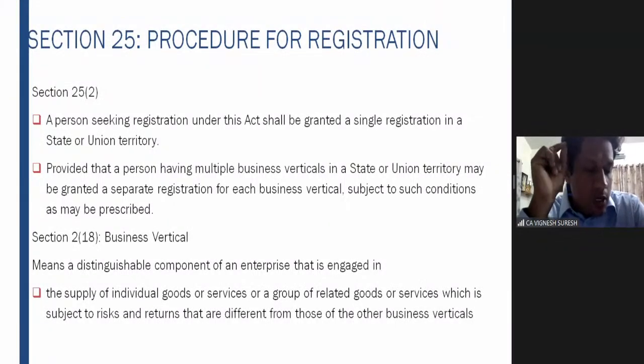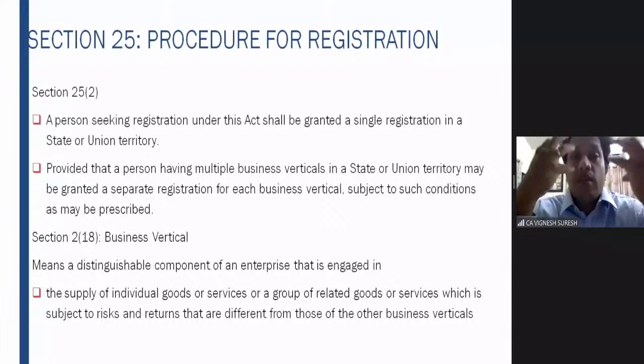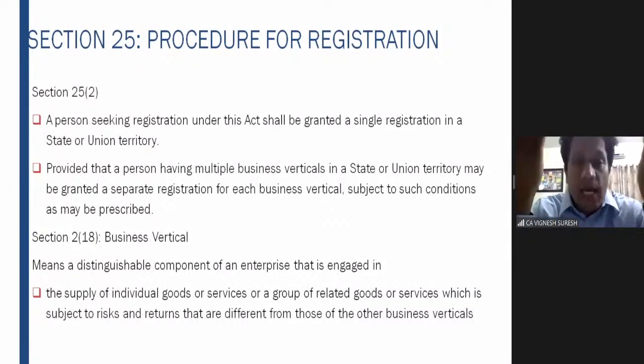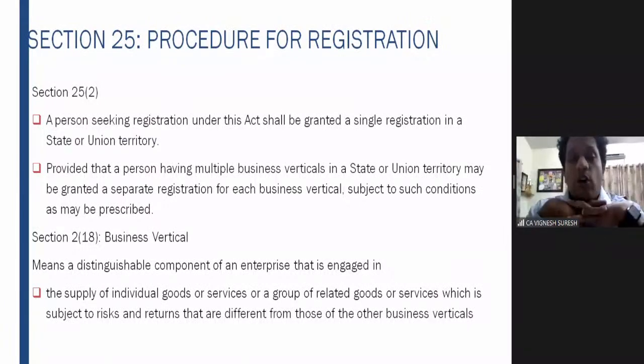This definition is totally taken from the accounting standard, which talks about segment reporting. What does it say? It means a distinguishable component of an enterprise. Distinguishable component, that is, you can identify the component as if it is a totally different business than your normal business. So, a distinguishable component which is engaged in the supply of individual goods or services or a group of related goods or services, whose risks and returns are different from those of the other business verticals.